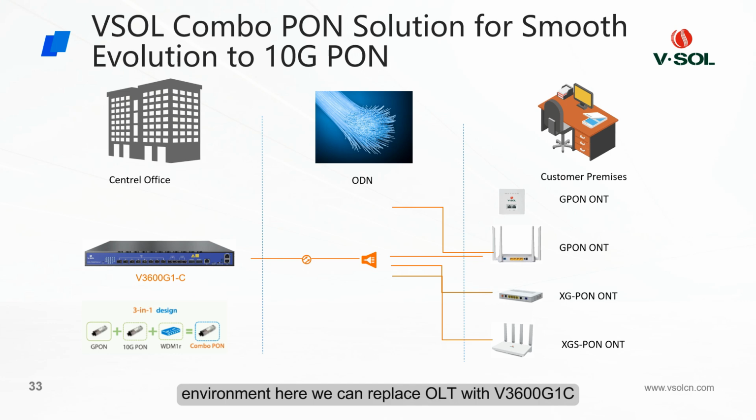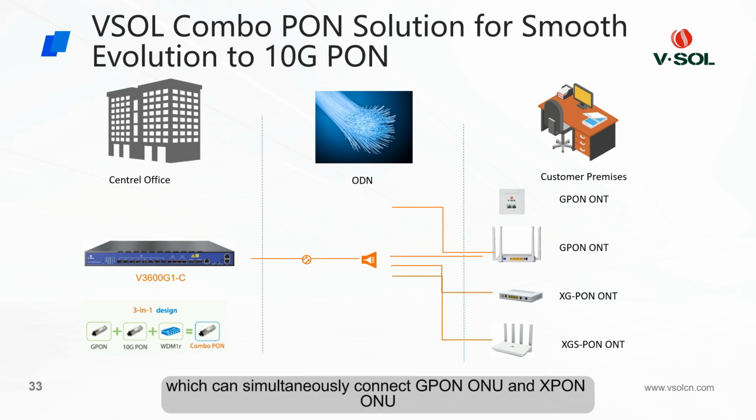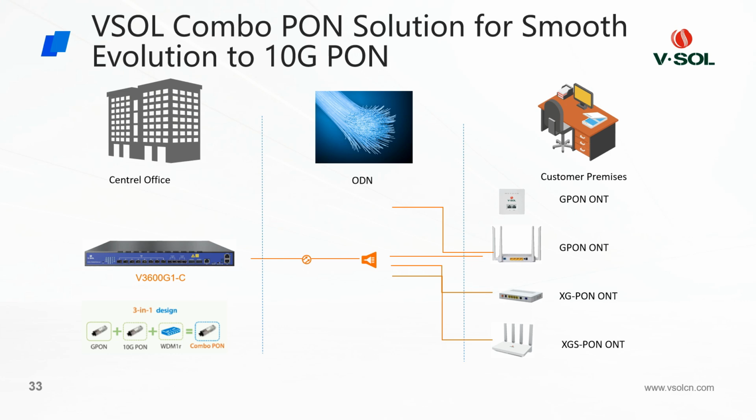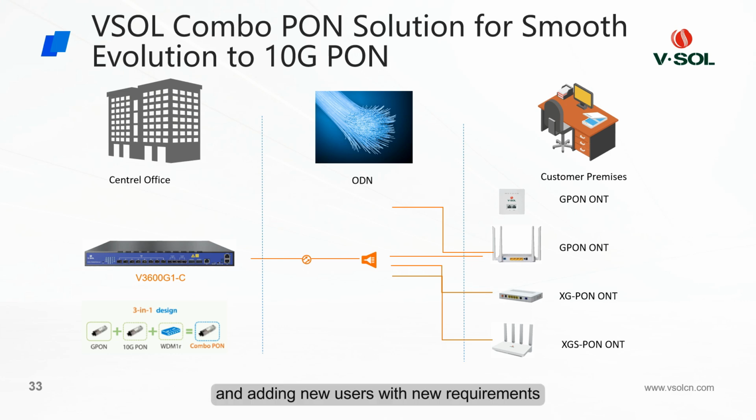Here we can replace OLT with V3600G1C, which can simultaneously connect GPON ONU and XPON ONU, achieving coexistence of old and new devices, and adding new users with new requirements without changing the original user situation.